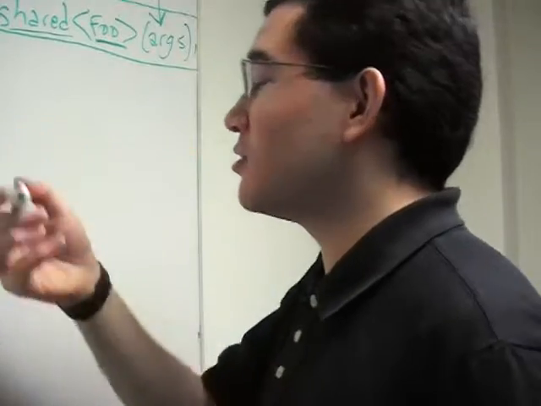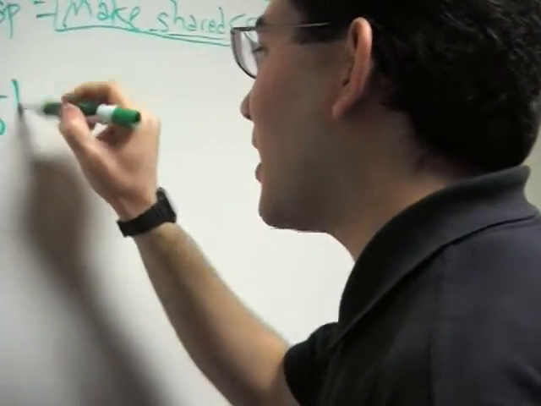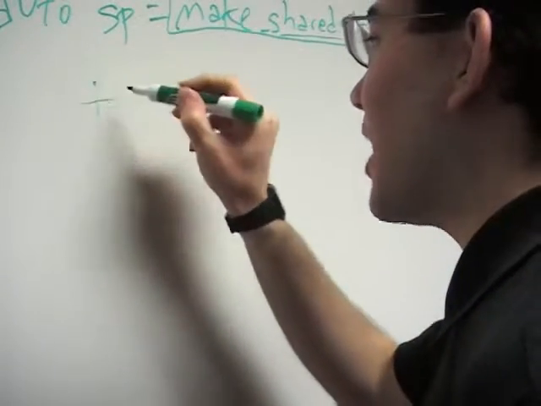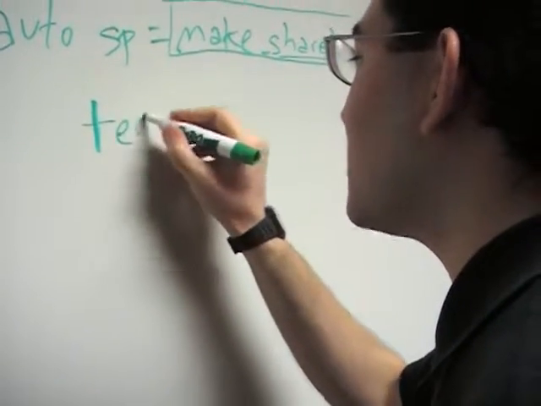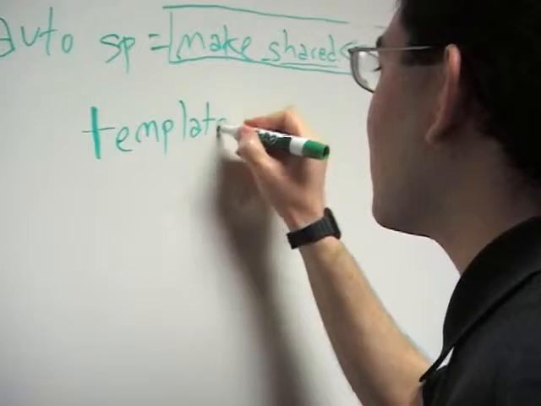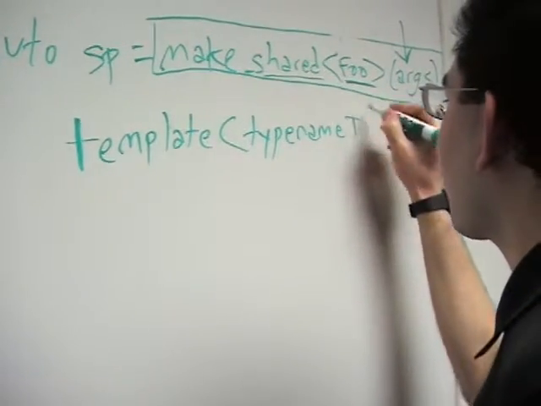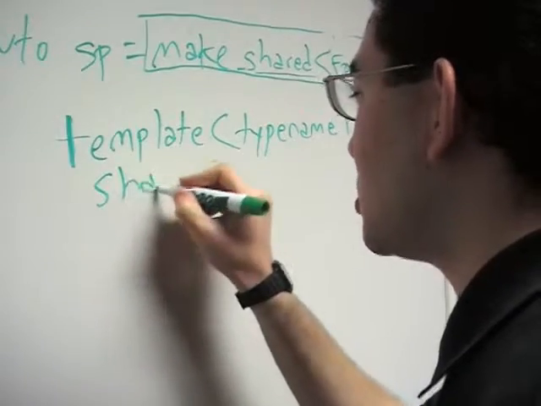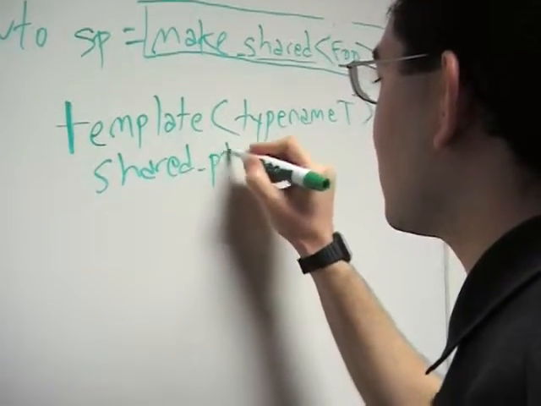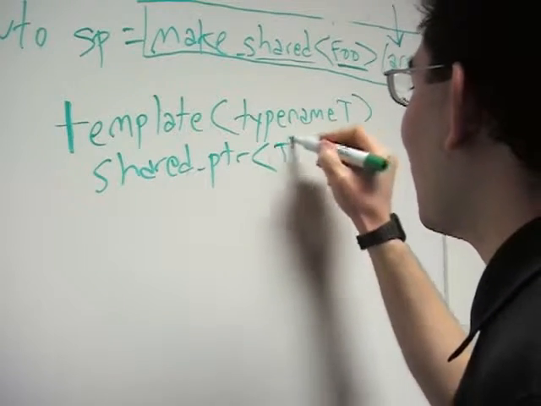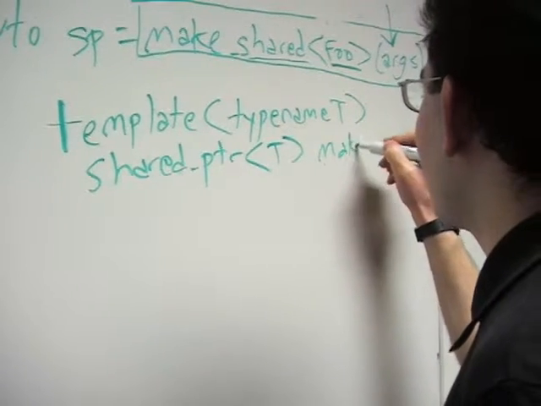Because inside make_shared, you can imagine that I'm going to write, and I'll show you a little more of this declaration. I'm writing make_shared, so I'm going to say template typename T, and I'm going to return a shared_ptr<T>. I'm inside namespace std, so I don't need to say std here. And then I'm going to call myself make_shared.